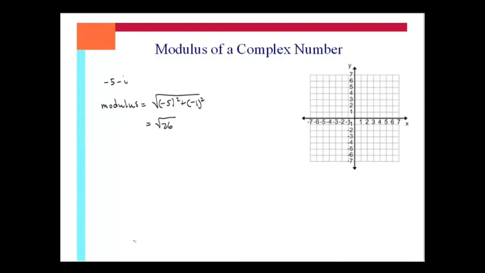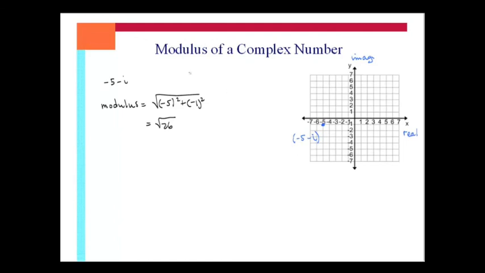Well, that number plotted in the complex plane would be -5, -1, right here. Again, the values here come from the real part and the imaginary part of the number. So we go 5 to the left and down 1. That's the complex number -5 minus i.